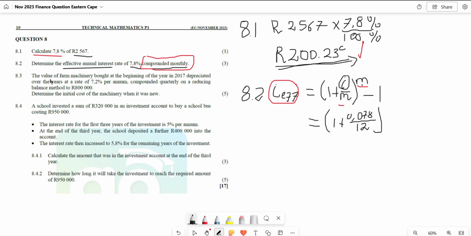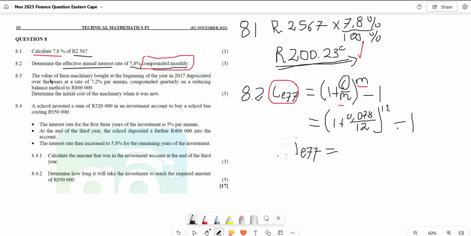The same M, the same compounding period, is the power: all to the power of 12, minus 1. Therefore, I effective will be equal to, let us substitute that into the calculator: 1 plus 0.078 divided by 12, all to the power of 12, minus 1.